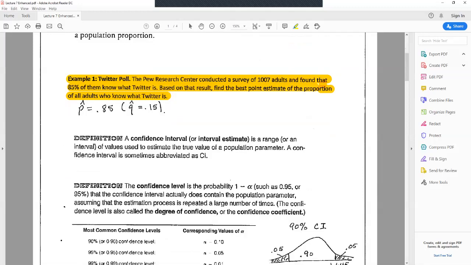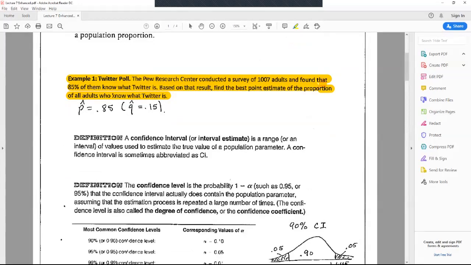Here's a definition that goes along with confidence intervals. A confidence interval is a range or an interval of values used to estimate the true value of a population parameter. A confidence interval is sometimes abbreviated as CI.